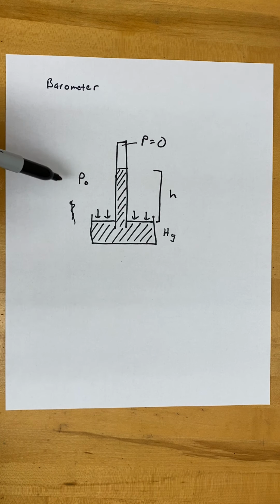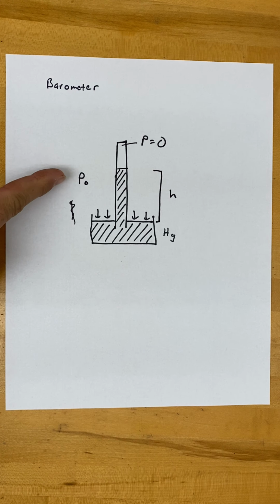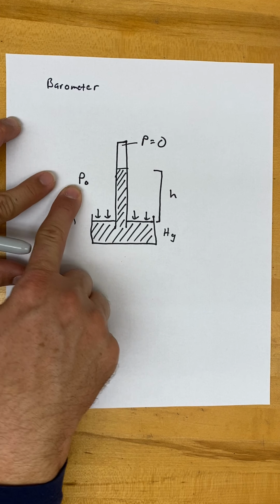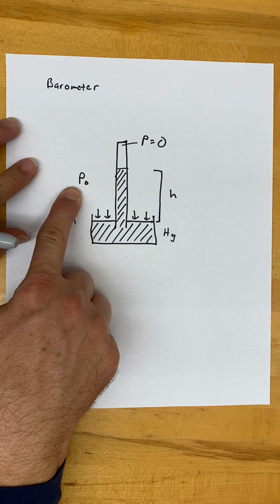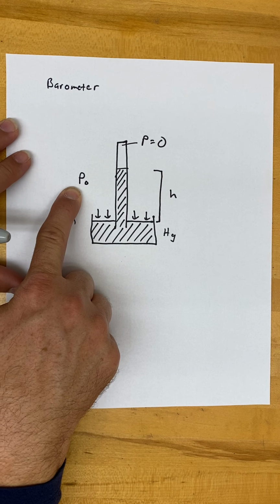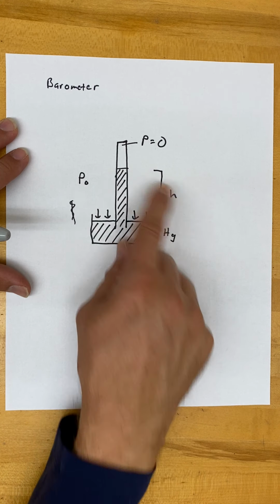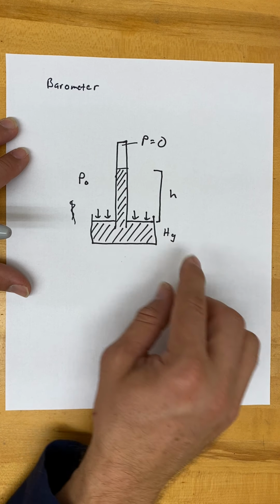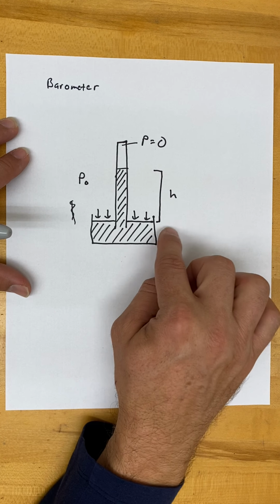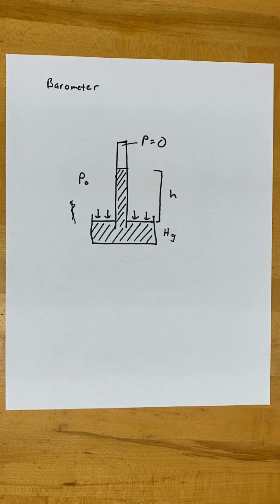And if I know exactly what I'm using for a reference, right? This 14.7 pounds per square inch, if you're here in the States, for atmospheric pressure, then once I do this, and if I'm sitting here at exactly what I take atmospheric pressure to be, I can put a little mark here and construct a scale on this. And so I know at atmospheric pressure, this is at a certain height.